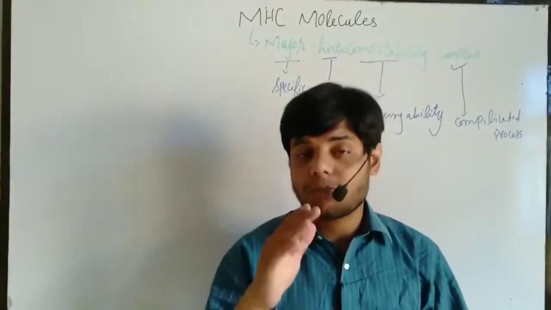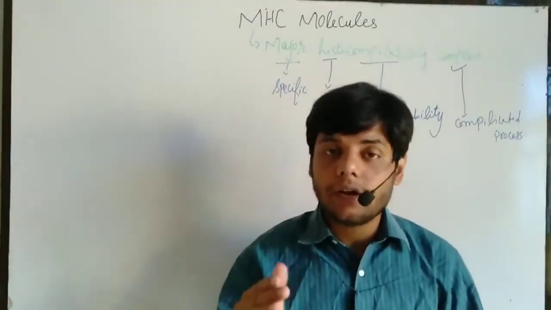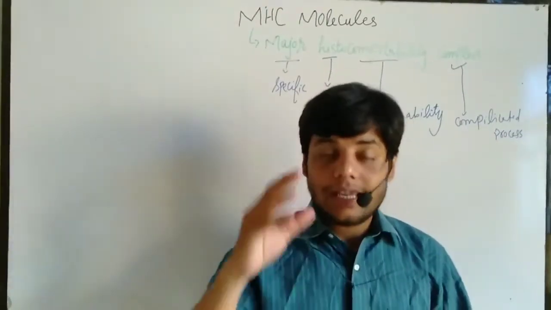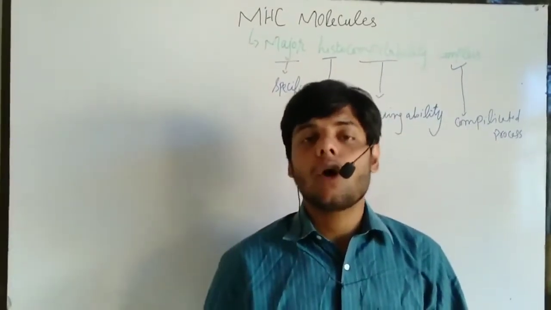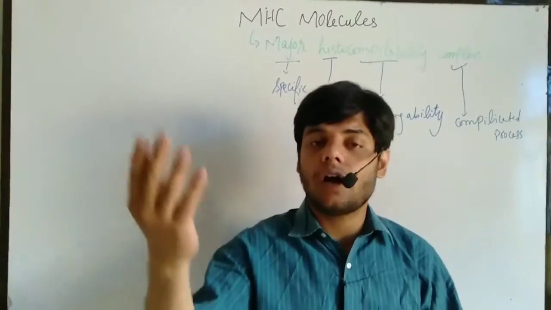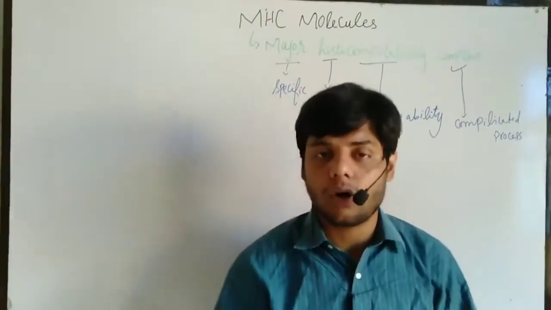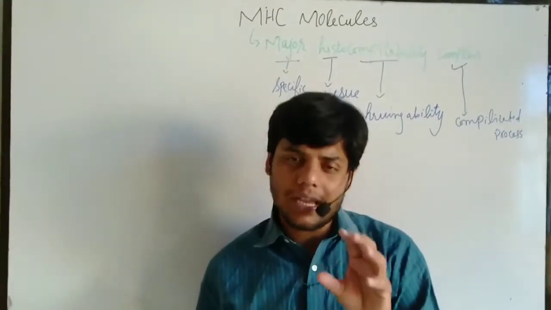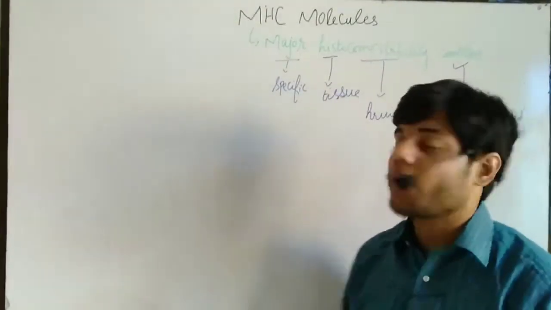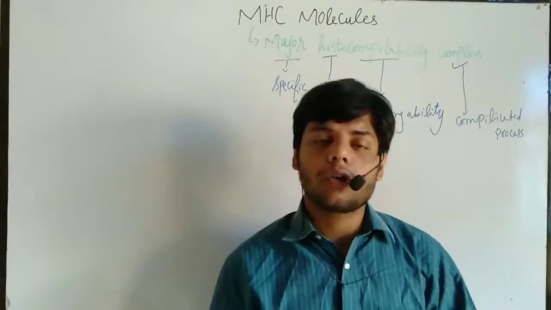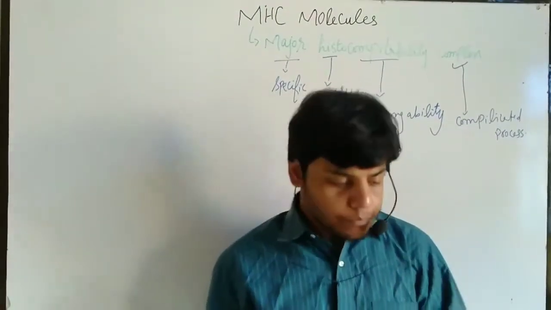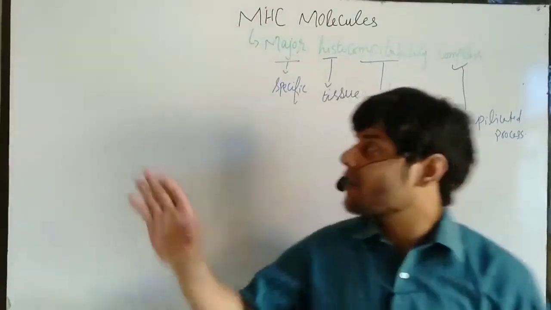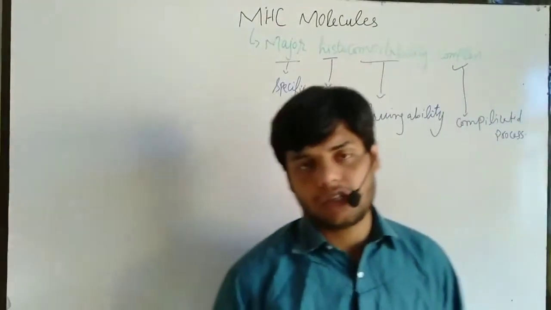Each is responsible for recognizing and killing the non-self antigen taken from the environment by our body, and self antigens are also recognized by the surface molecules present on the membrane. Each such surface molecule is called an MHC molecule.